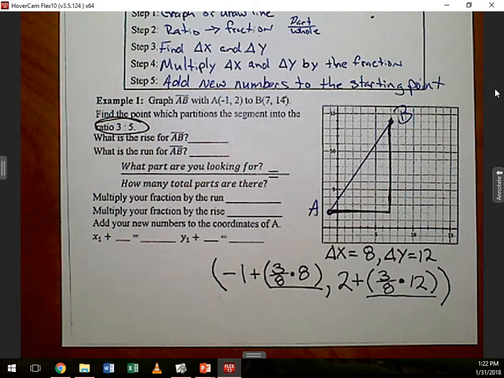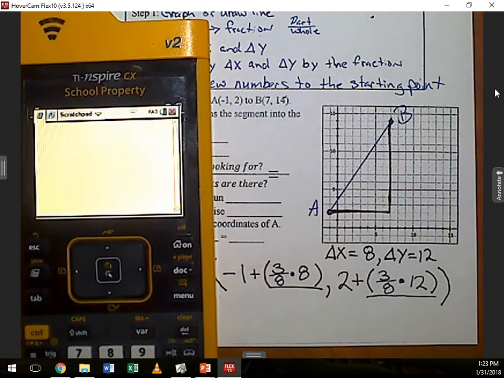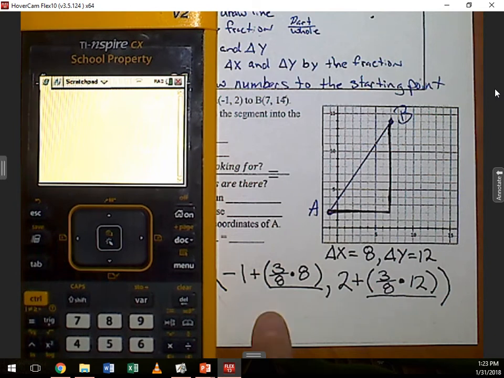So now, if I was paying attention and did this correctly, I will be able to put it in my handy-dandy calculator. There we go. Okay, so here it is. When I'm putting this in the calculator, I'm only going to put the x values.